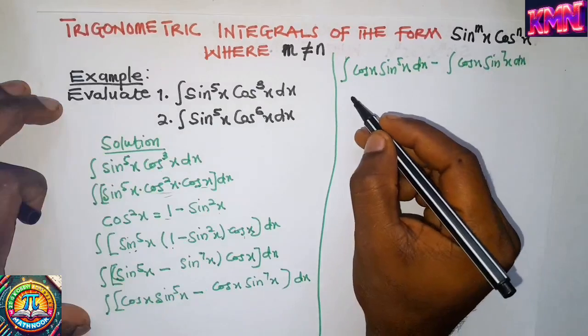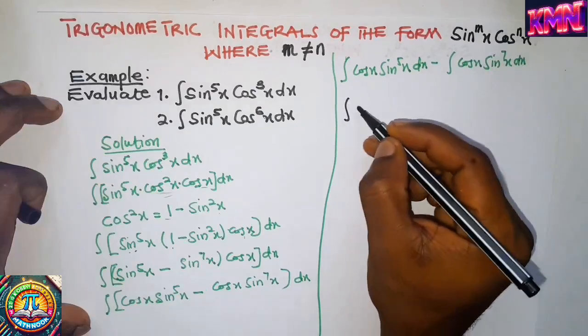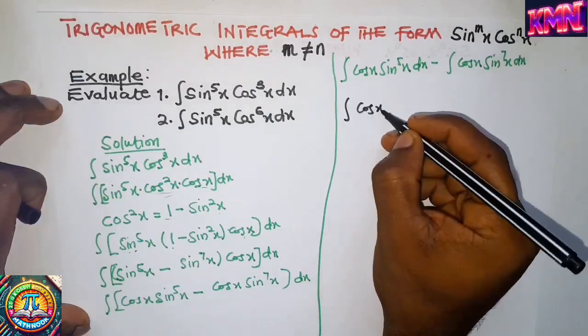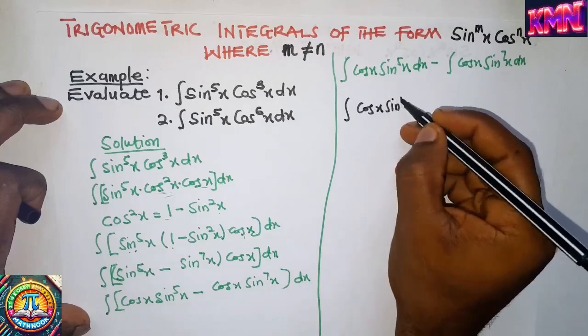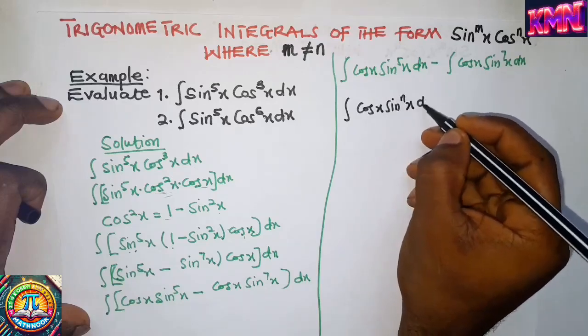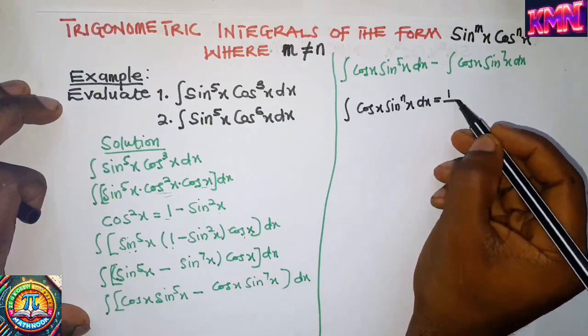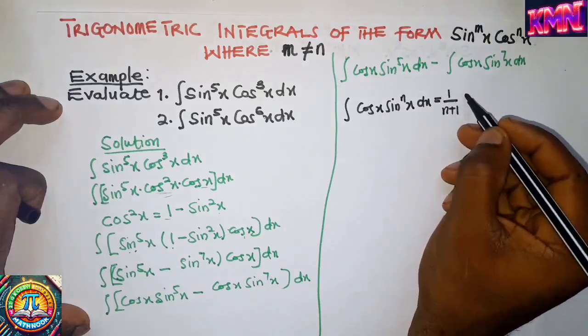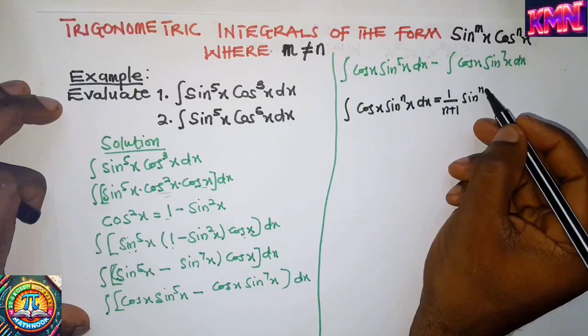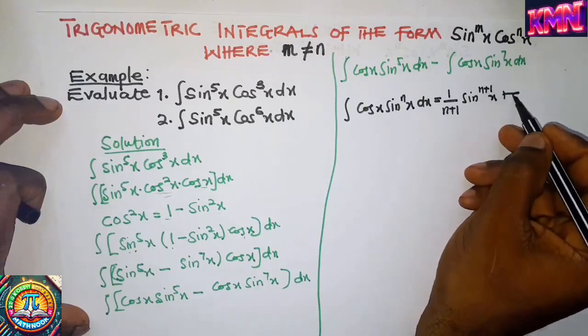We learned that anytime you have integral of cosine x sine power n x dx, that produces 1 on n plus 1 sine power n plus 1 x plus c.